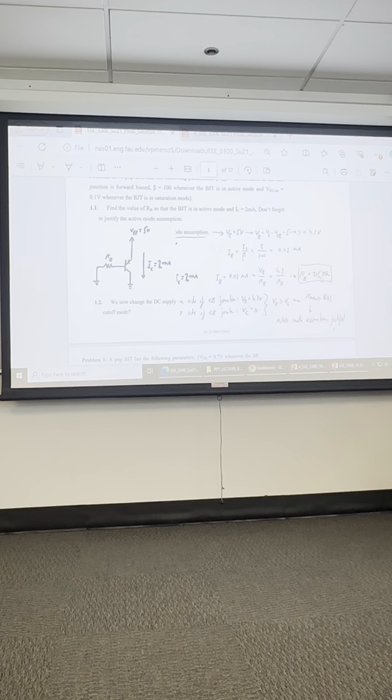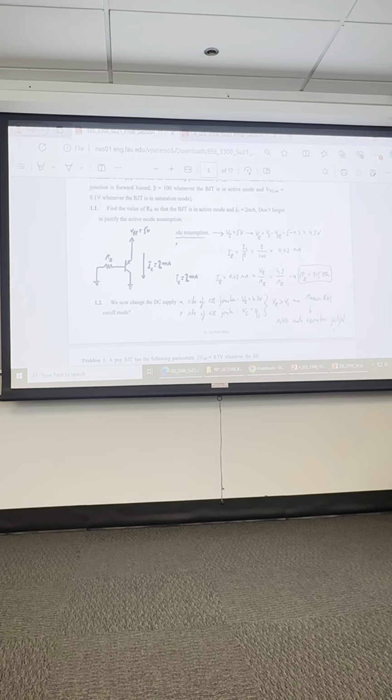And now, for PNP to check the active mode, the base is 4.3, the collector is 0. Is that okay for PNP? For PNP, the collector voltage is less than the base voltage.